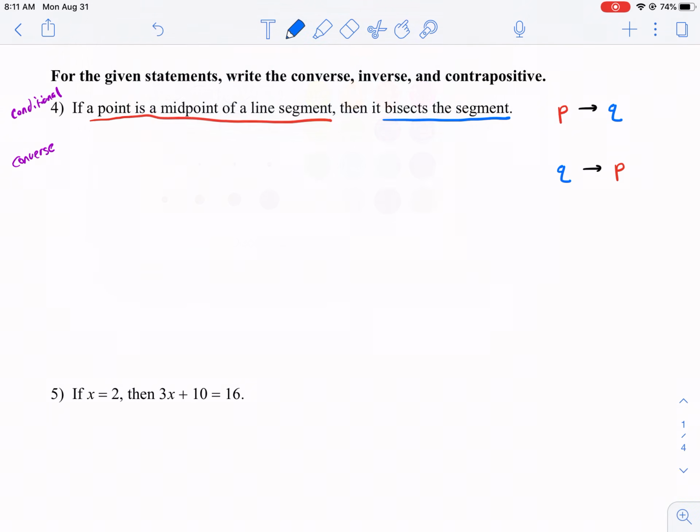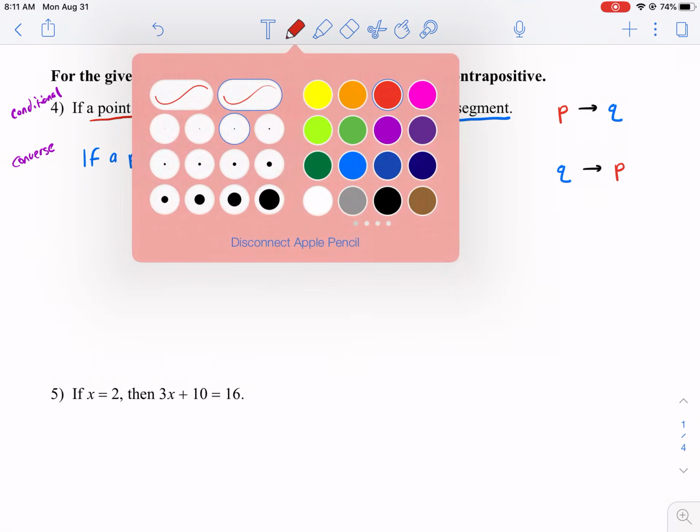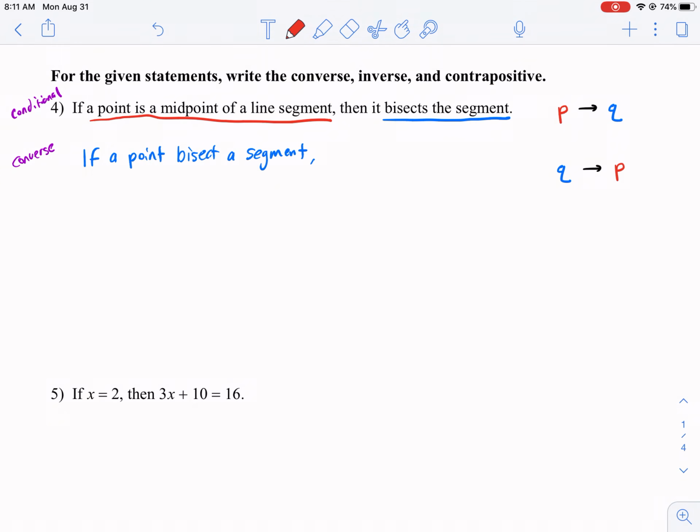The first thing we're going to write, and I'm going to include the if statement in blue, even though the conclusion doesn't really have the if statement: if a point, we need to add a few words here, bisects a segment. Okay, so we just need to make it work with English, even though the mathematical concept is the same, and we're just switching it around to make the converse.